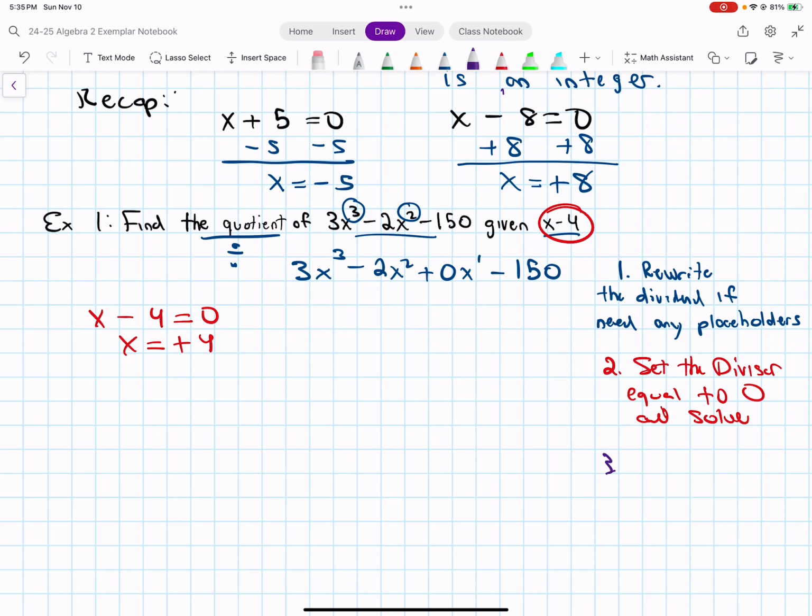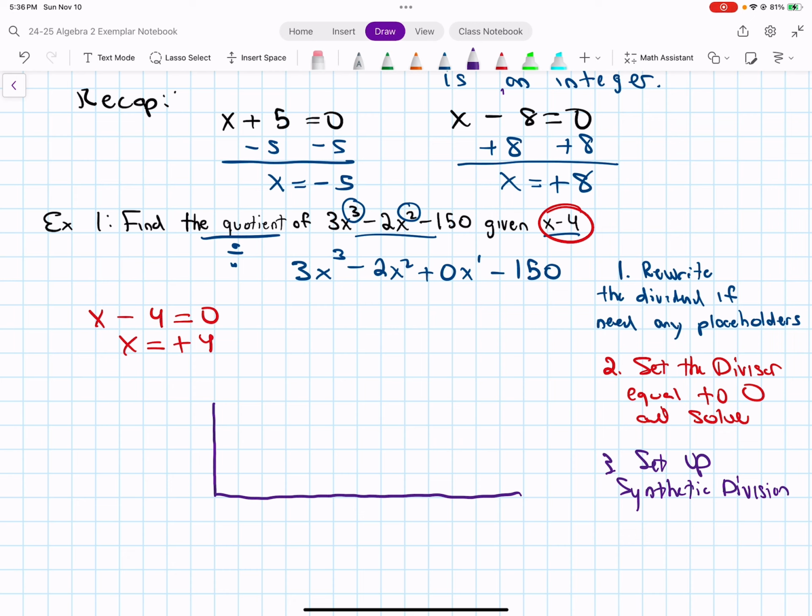Third step, set up synthetic division. And so long division, it's like going upwards, downwards I guess. But when it comes to synthetic division, the visual is going to look the opposite.